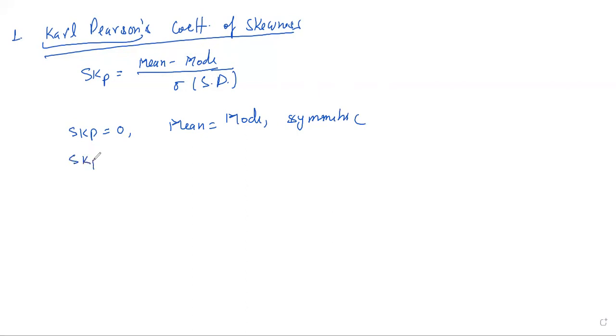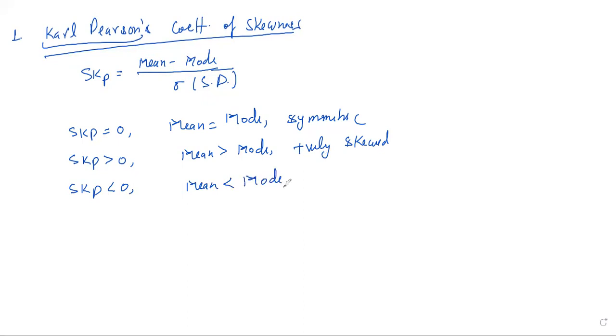When SKP is greater than 0, it means mean is greater than mode, and we have already discussed that it is positively skewed data. And when SKP is less than 0, then mean is less than mode, and this is negatively skewed data.